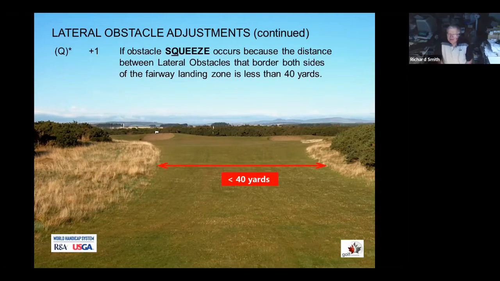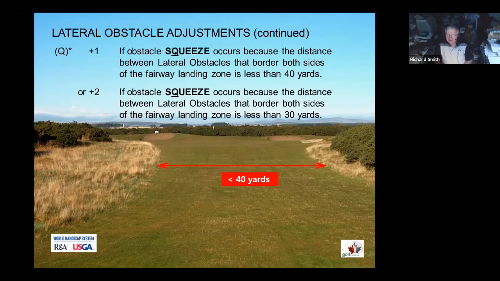If the fairway landing zone has lateral obstacles bordering both sides, such that the distance between those obstacles is less than 40 yards, we would get a squeeze, a Q+1. And if the distance between the lateral obstacles is less than 30 yards, we would get a Q+2 adjustment.